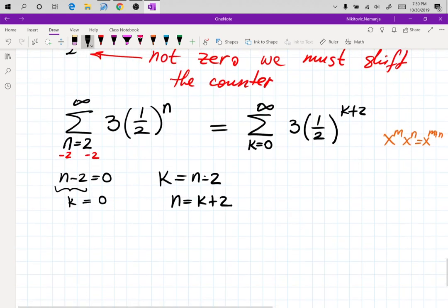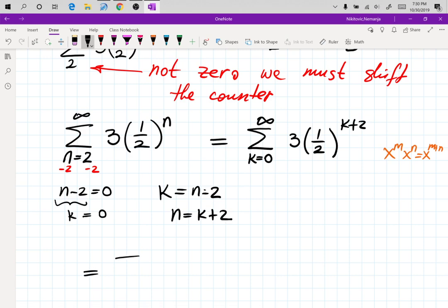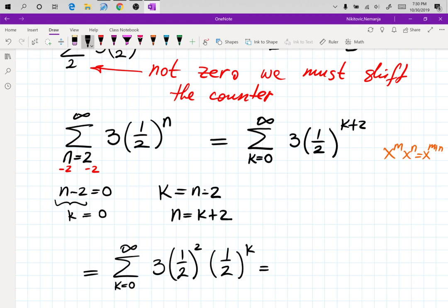So using this algebra now, I have the summation from k equals 0 to infinity of 3, here is my 1/2 squared peeled off, and here is my 1/2 to the k that has to stay, giving me the new problem: k goes 0 to infinity, 3/4, there's your a, times 1/2 to the k.